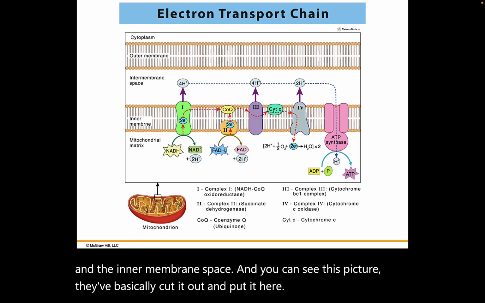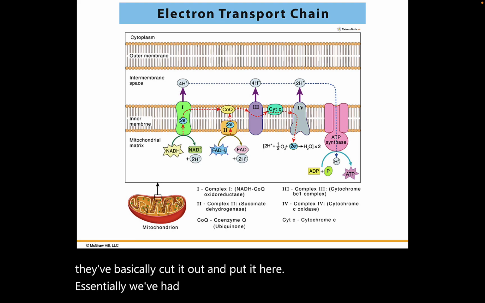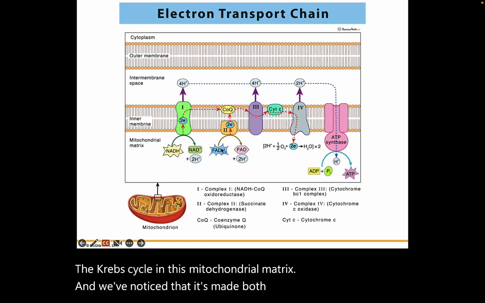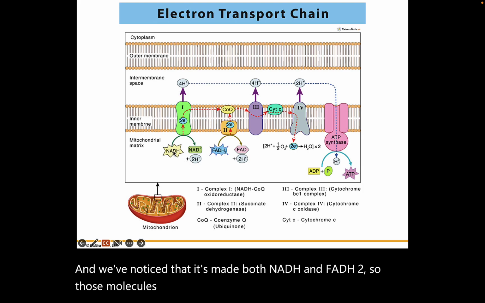So essentially, we've had the Krebs cycle in this mitochondrial matrix, and we've noticed that it's made both NADH and FADH2. So those molecules shuttle over here, and you can see that the NADH is going to come in here.